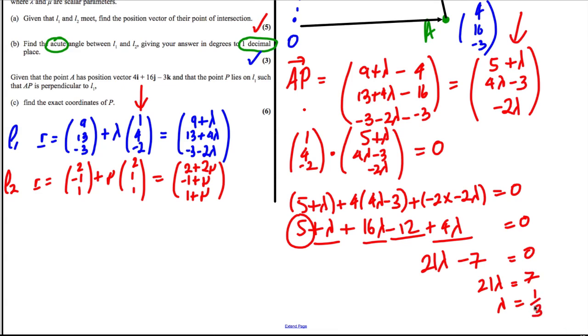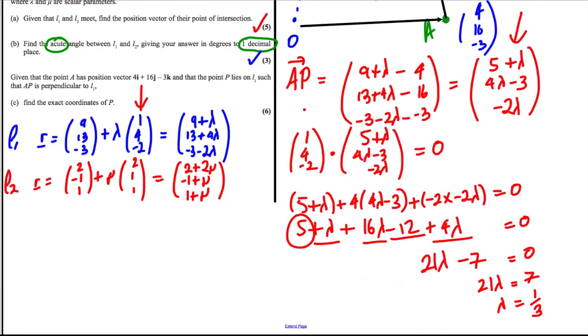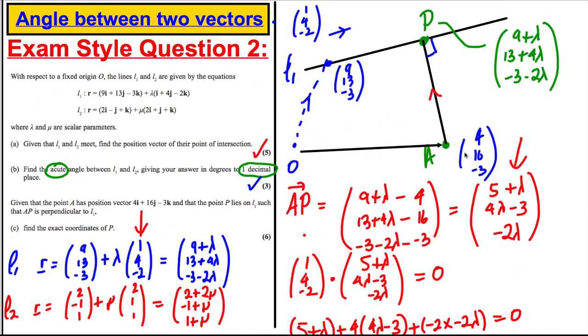Okay, so we've got lambda as a third. We want the coordinates of P. Well, P, we've said, is 9 plus lambda, 13 plus 4 lambda, and this here.